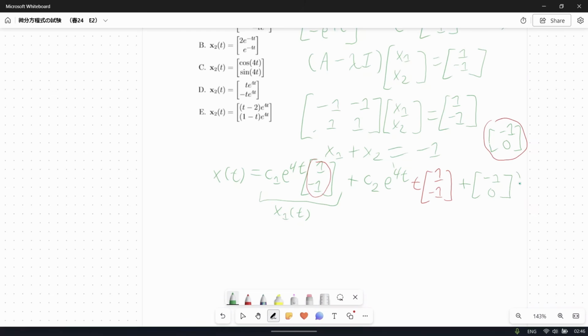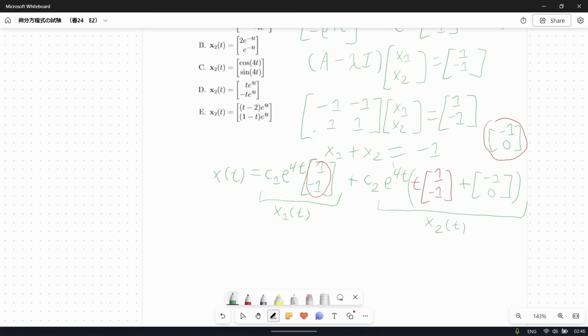So we'd have a compound term like this. And so at this point we have a linearly independent solution for x₂(t).